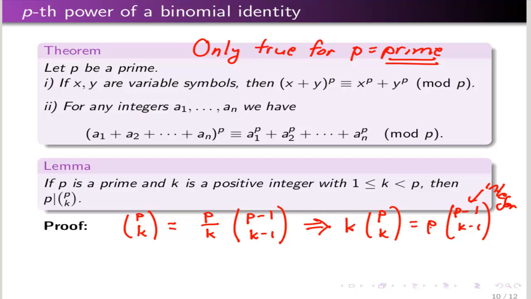And so we're saying that p is therefore a divisor of the left-hand side. p times some integer equals this left-hand side. But k is strictly less than p, so p is not a divisor of k. And so p must be a divisor of p choose k.